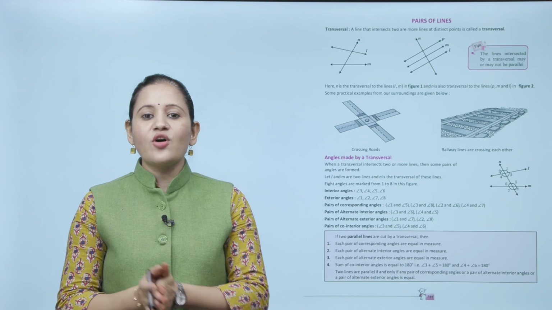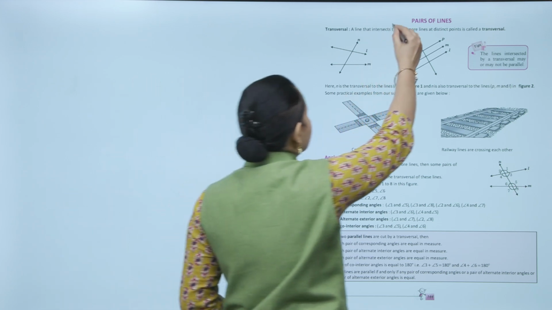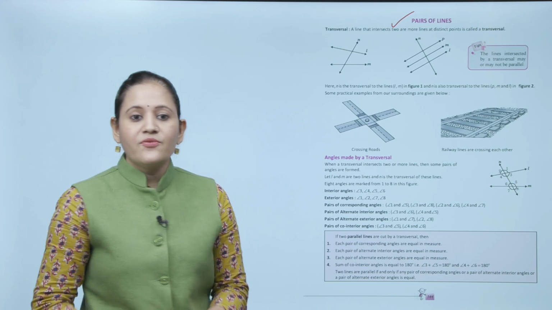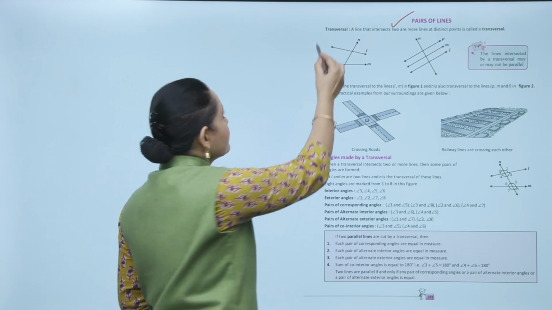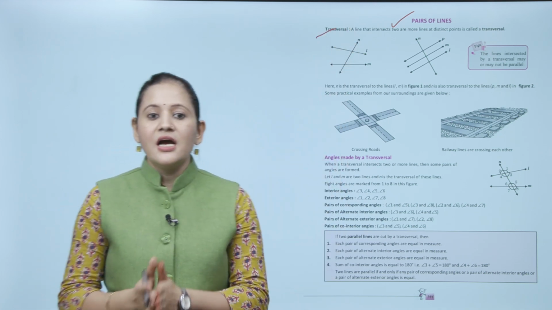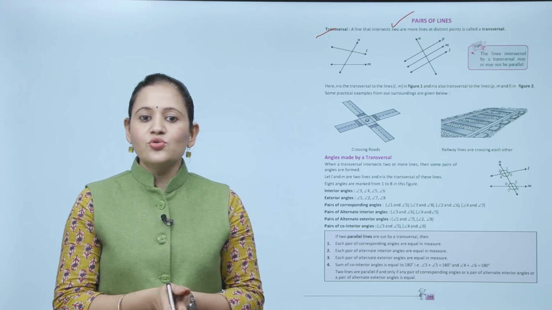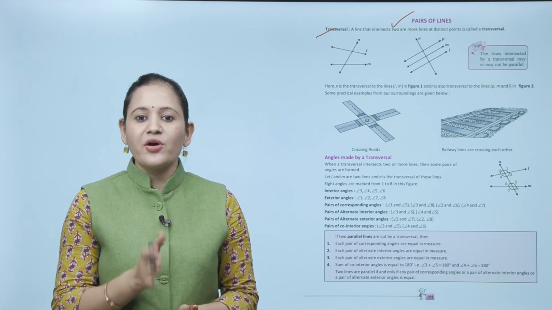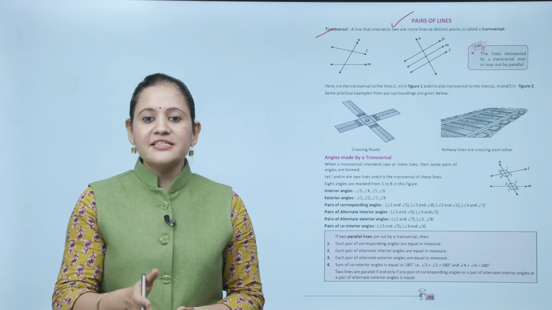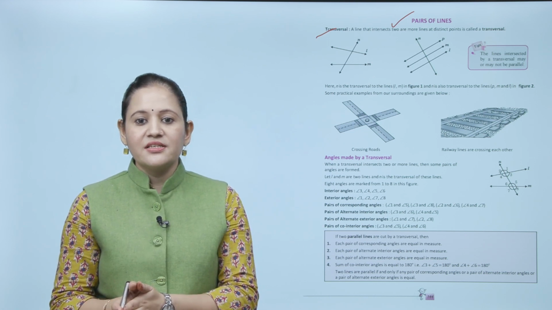Next is pairs of lines. First, transversal. A line that intersects two or more lines at distinct points, means at different points, is called a transversal.